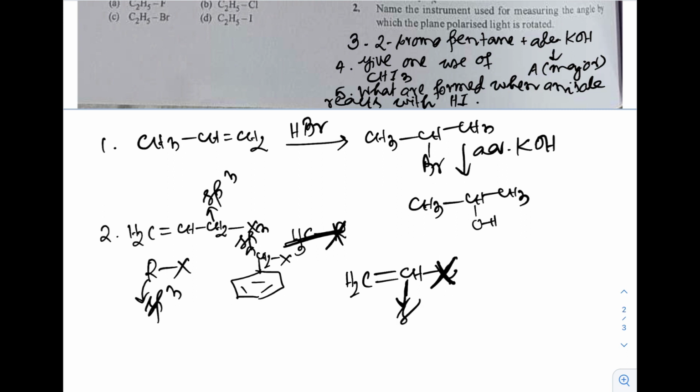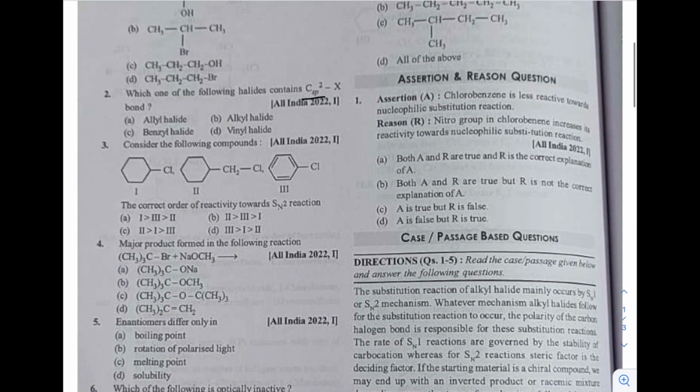So the hybridization state will be sp2. In all the other cases, the steric numbers are becoming 4. The hybridization of the corresponding carbon atom is becoming sp3. But here, as the steric number is 3, so the hybridization will be sp2. So vinyl halide will be the correct answer. Option D.